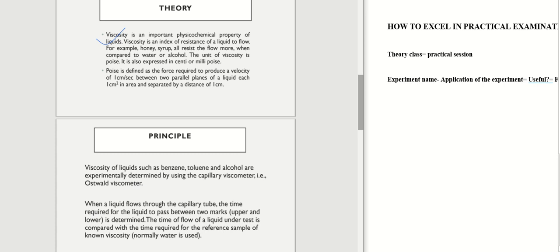And you need to write down the units in which the particular parameter is to be expressed. Because this is a practical, we will be determining viscosity, so we need to report the results along with its units. So we need to mention the units of the particular parameter, and we need to discuss the actual principle or the theory that happens during the experiment.